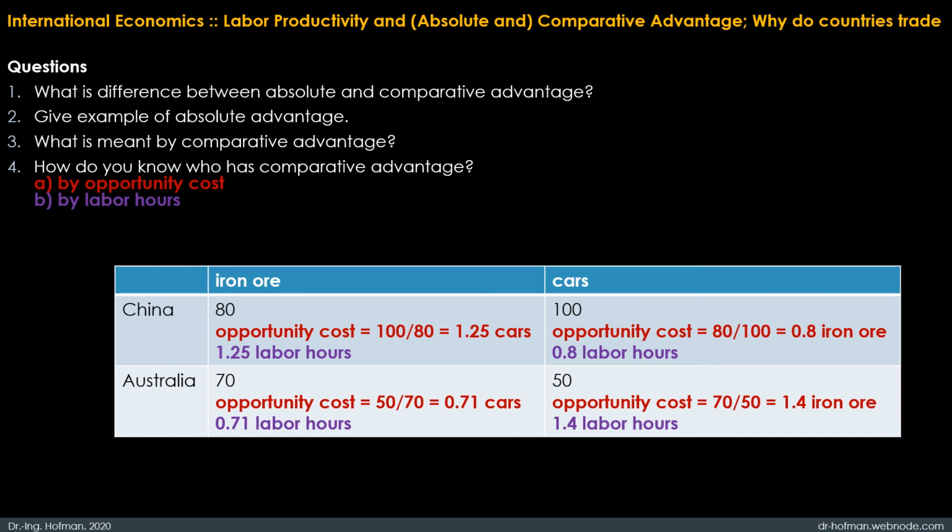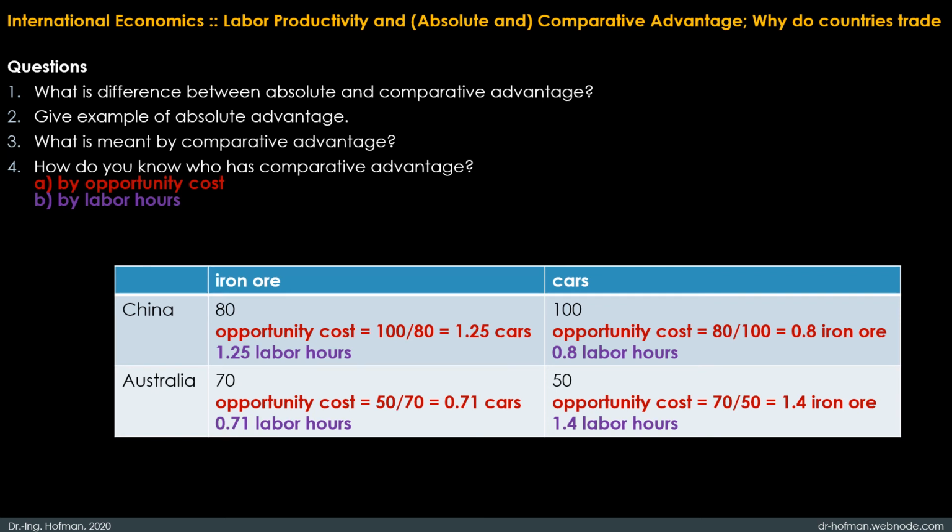A country with absolute advantage can produce something at lower costs than another. That country requires fewer resources to produce the same number of goods as the other country needs. Panama, a tropical country, can produce bananas much more cheaply than Canada can.